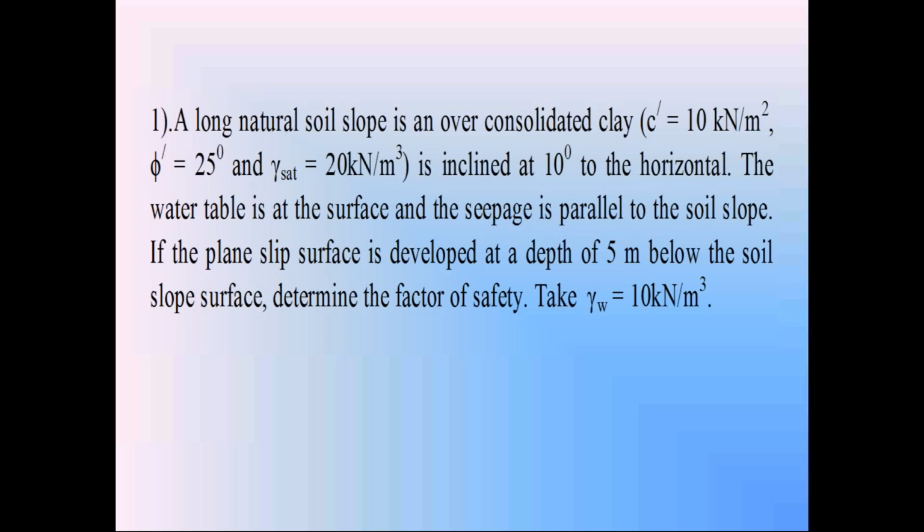In the cohesive soil slope, I explained three conditions: dry condition, submerged condition, and also seepage flow condition. So in this problem, the soil slope is an infinite, cohesive soil slope in the seepage flow condition. That is clear from this problem.